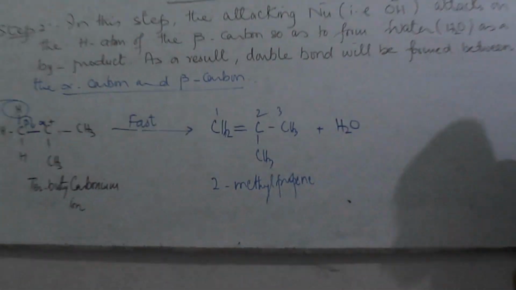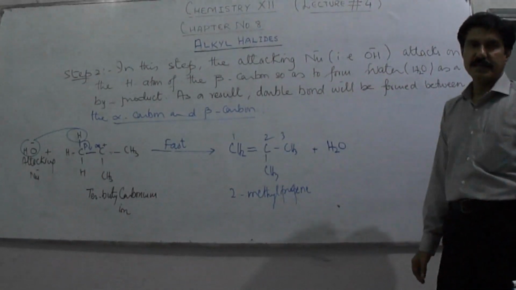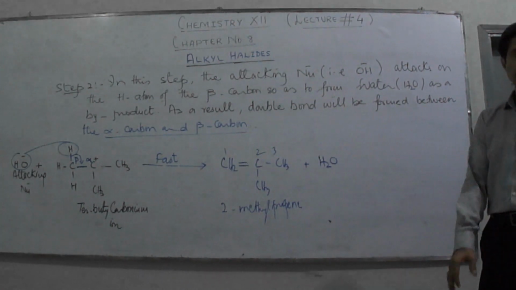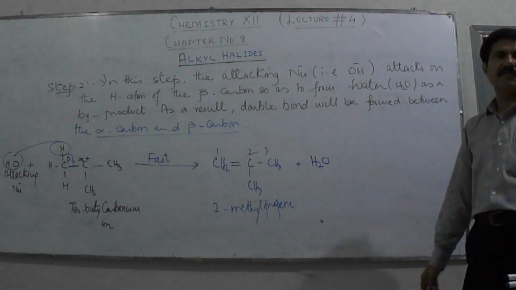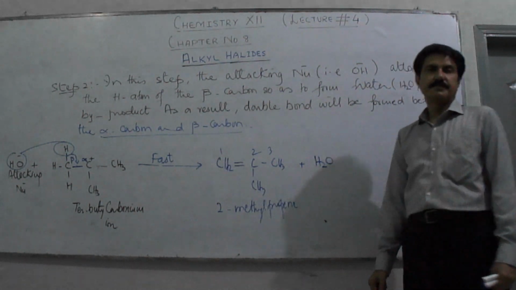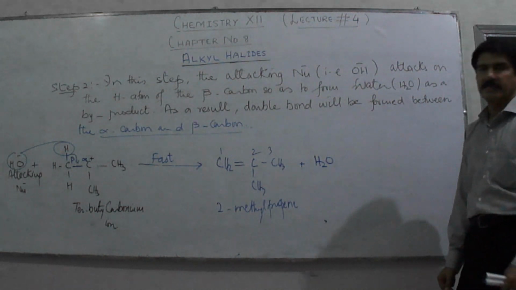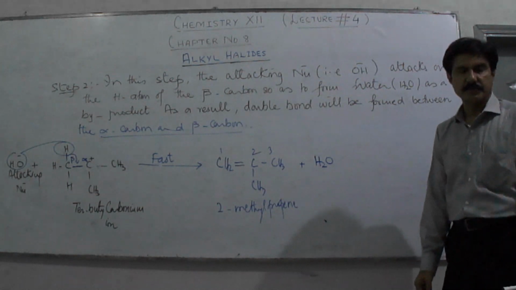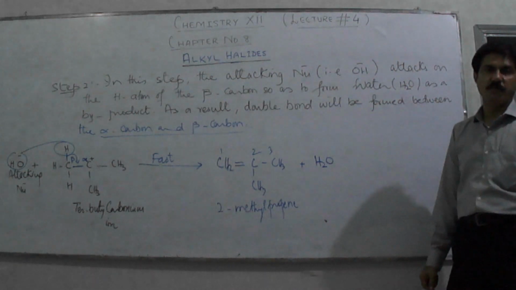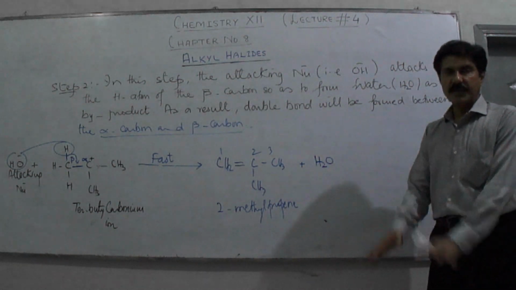Again, I must tell you here, as far as the secondary alkyl halides are concerned, they can go through both types of mechanism, E1 as well as E2, depending upon the nature of the solvent used. If secondary alkyl halides are reacted in the presence of a non-polar or non-ionizing solvent, they will prefer the E2 mechanism, while if reacted in the presence of a polar or ionizing solvent, they will prefer the E1 mechanism.